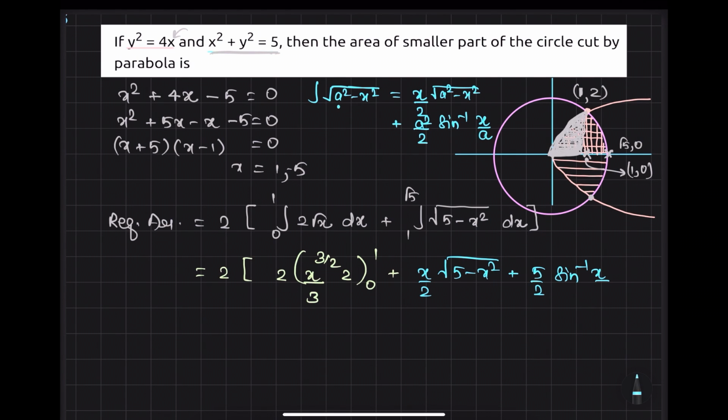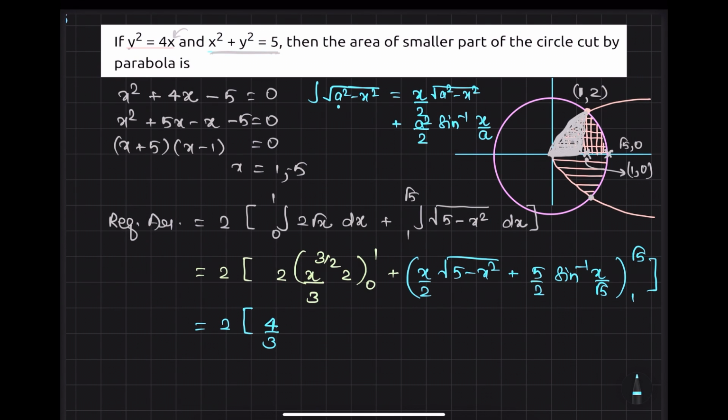Okay, sine inverse x by a. Now here also you can apply the limit 1 to root 5. If you apply the limit, done. Now look at this. I will take all the numbers outside. So 2 times, if you apply 1, you will have 1 power anything is 1. So 2 times, and then you will be applying 0, so 0 is 0. So you will be left with only one component, that is 2 by 3. So it is 4 by 3.